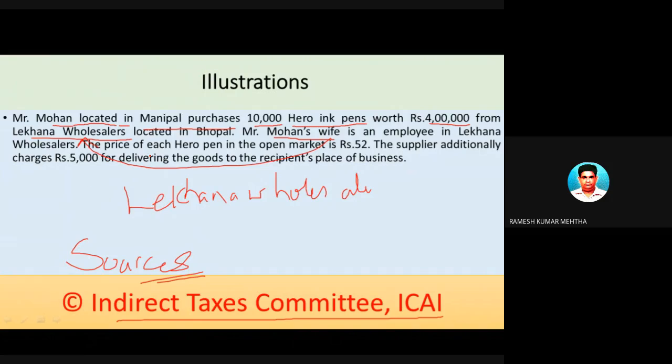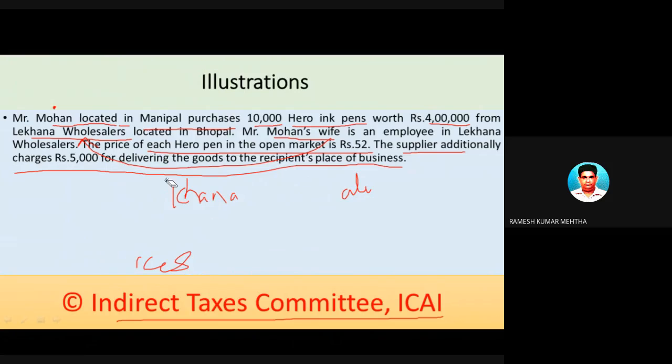The price of each Hero pen in the open market is 52 rupees, and the supplier additionally charges 5,000 rupees for delivering the goods to the recipient, Mr. Mohan, located in Manipal.